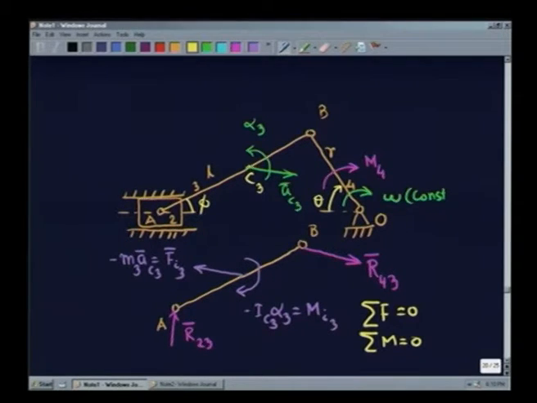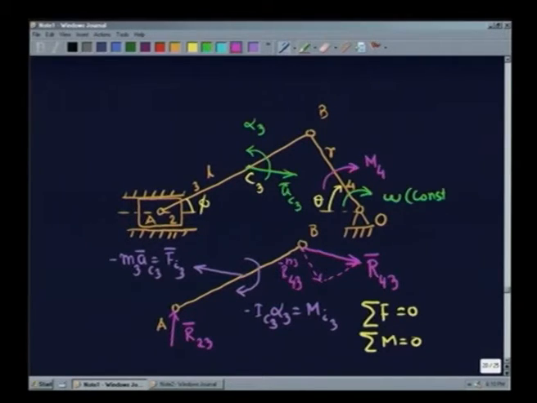So, how we solve it is this: let us find the component of R for 3 which is normal to 3, that we can find out.